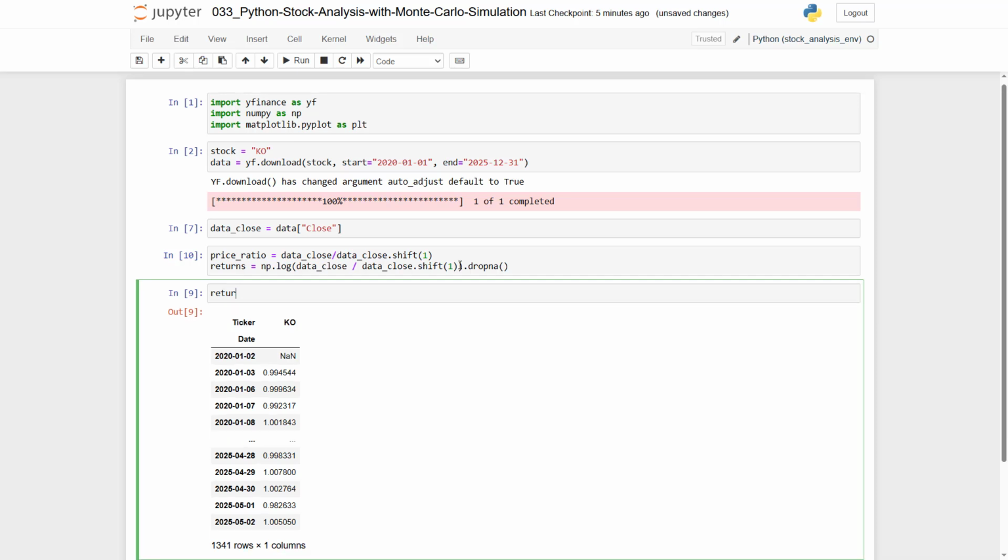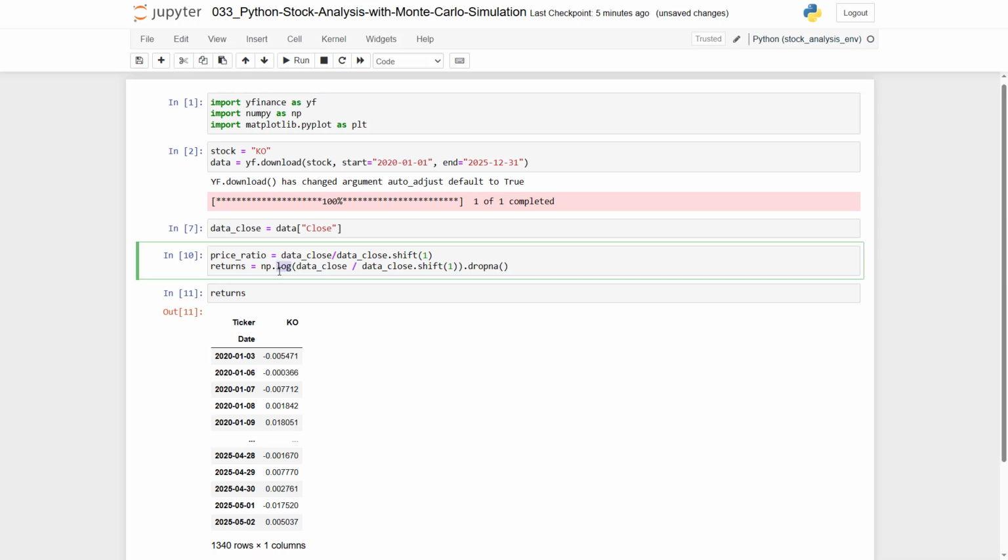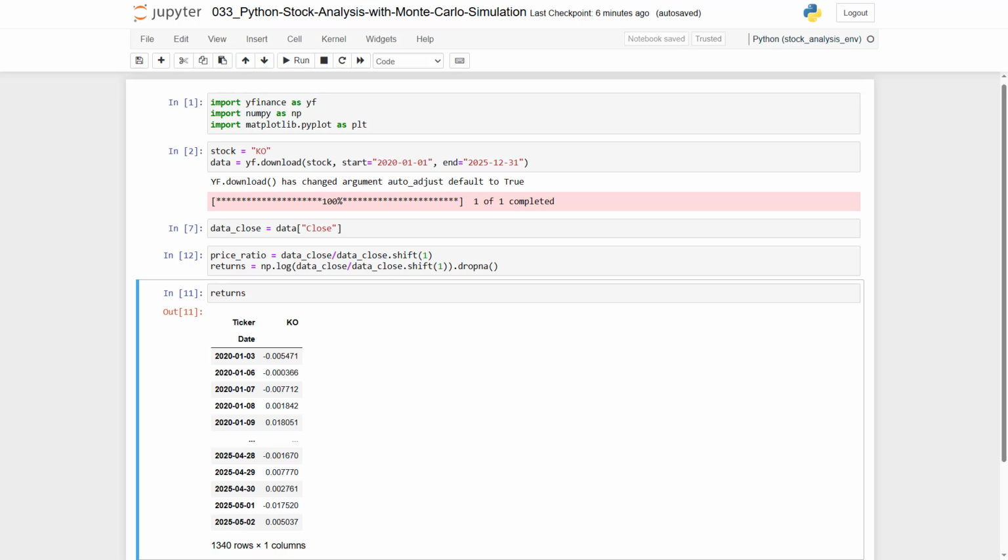Now let's think, why do we use np.log and not the standard way? That's an interesting question. What do we earn this way and what not? Let's pretty much make some kind of example here.